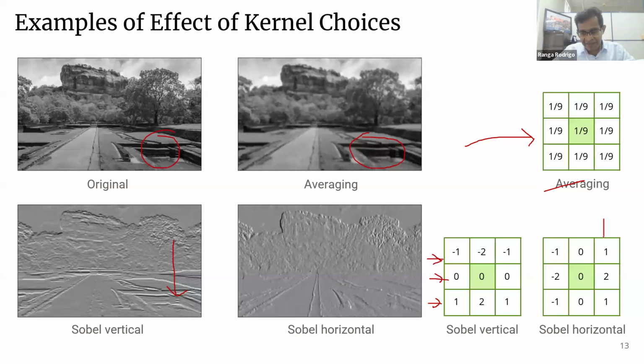If you design the kernel this way, positive values there, negative values there, you will compute the gradient in this direction. So you can see these kernels are very powerful. By designing these kernels, you can compute the gradient, blur out an image, and do different things.